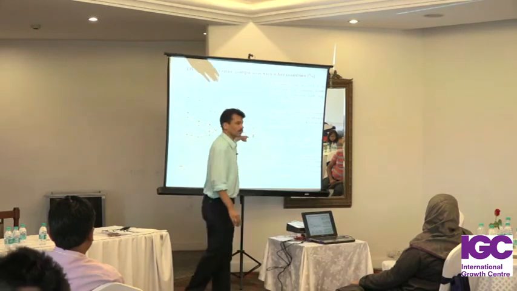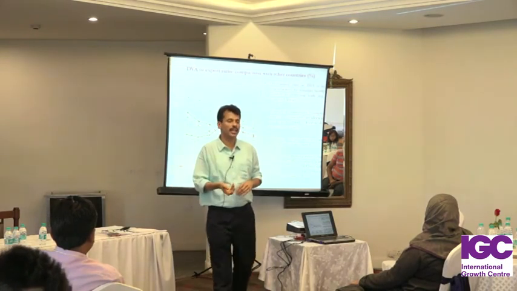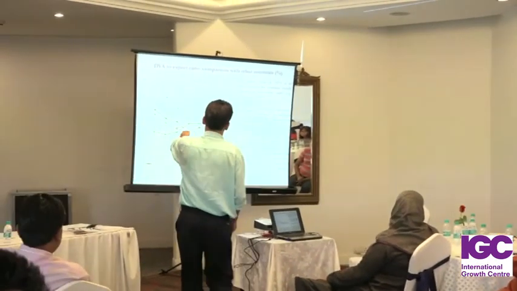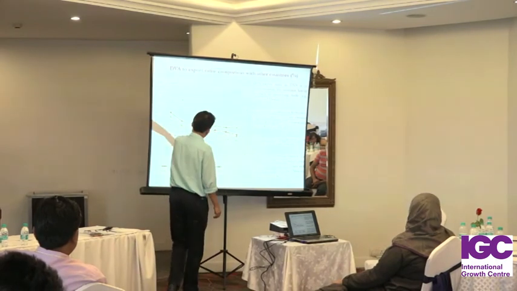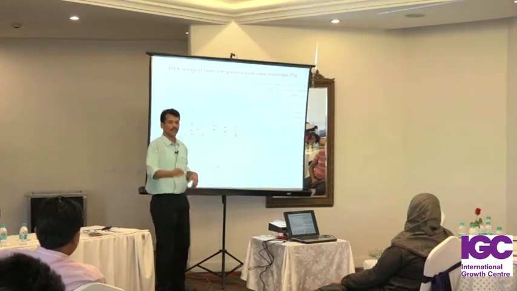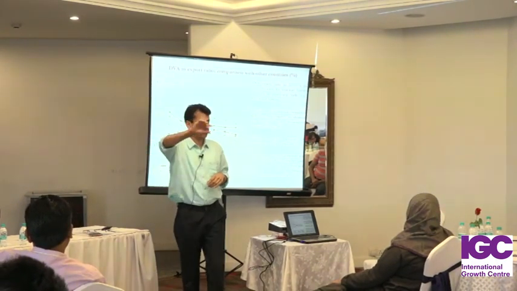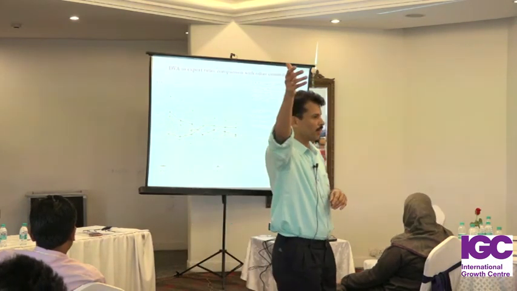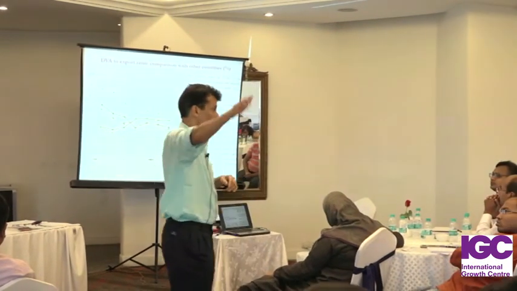Okay, so this is the question about how India compares with other countries in the DVA to export ratio. These are estimates for other countries: China, Malaysia, India, Singapore, Korea, Thailand. This is not based on my estimate, it is based on other data which is available, and I will tell you where you can get it if you want.